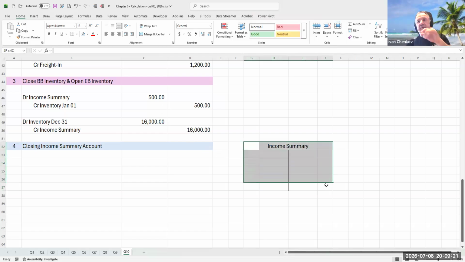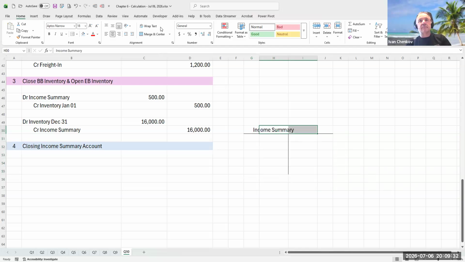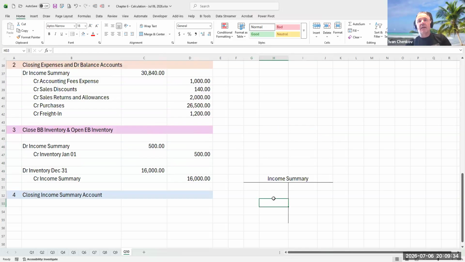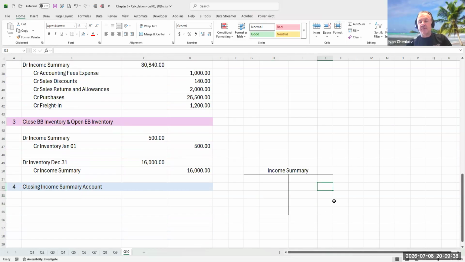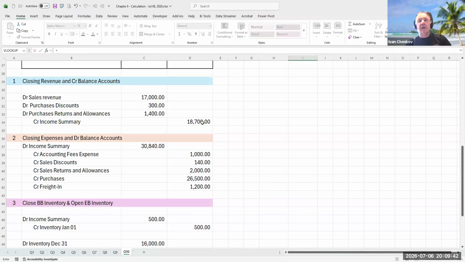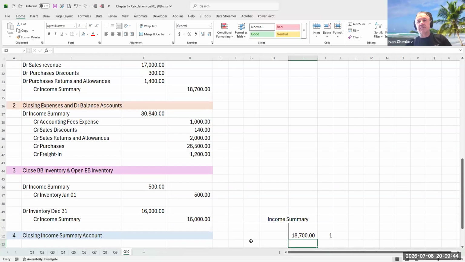What do we have in this income summary account? Let's start posting now. I'm gonna move it a little bit higher right here. And let's see, from the first entry, I have an amount of $18,700.